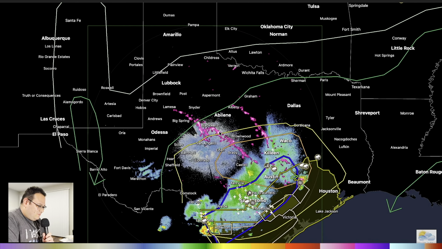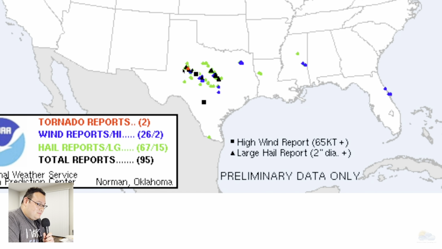So if we're kind of right there, this might be somewhere in here, but close enough that we have tornado reports, and that means they could be confirmed at some point. I don't have that. These are just reports. I didn't see anything of confirmed tornadoes yet. Usually that's when survey teams get sent out to survey the damage, and that's when we would determine if there is a tornado. All right, so I thought that was just fairly interesting.